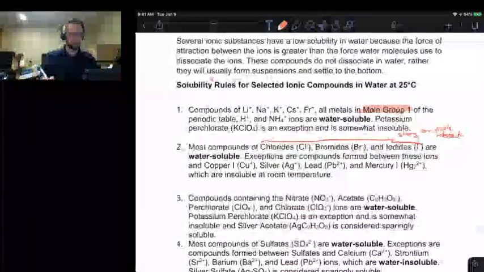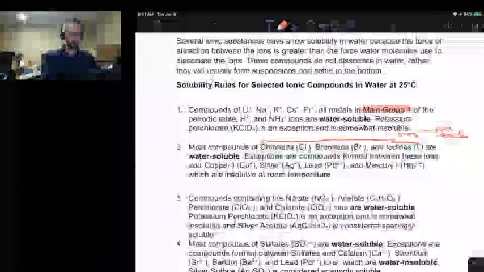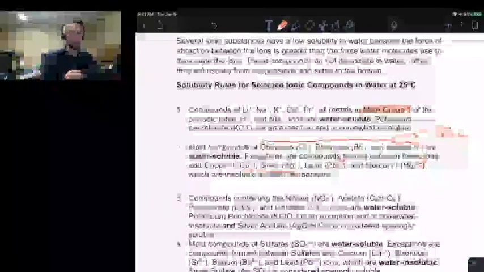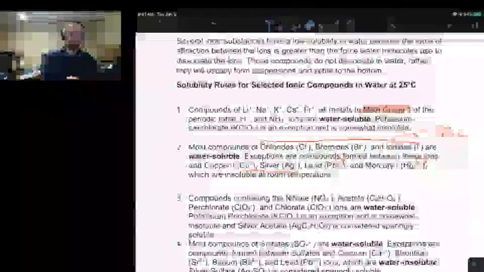They love water. The exceptions are if you present them with something that's a very small, strongly charged ion. So those would be copper, lead, silver, and mercury. Lead and mercury have very strong charges, right? They have 2+ charges. And silver and copper are relatively small metals. So those two typically don't have strong ion interactions.